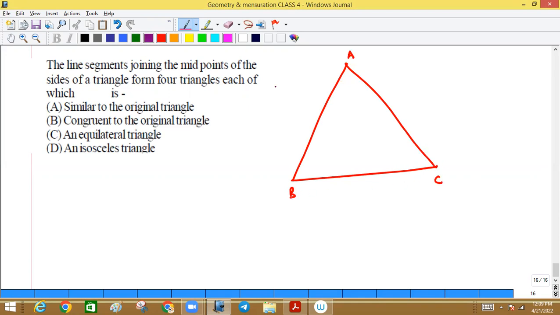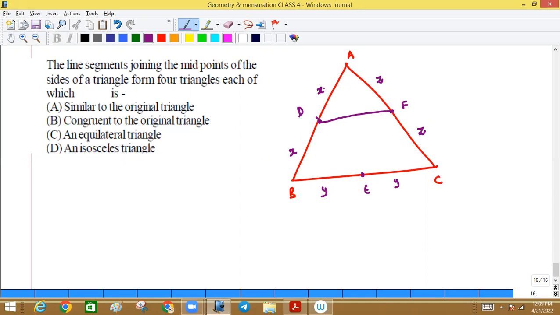Then I'm taking the midpoints of the sides, let it be D, this one is E, this one is F. Midpoints means it divides it into 2 parts, X and X, Y and Y, Z and Z. You guys remember the midpoint theorem? The line segment joining the midpoints of 2 sides of a triangle is parallel to the third side and half of the third side.